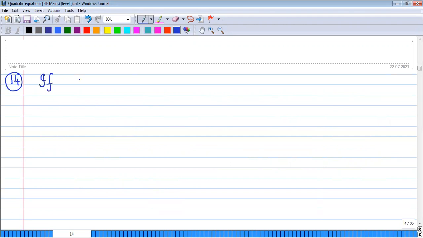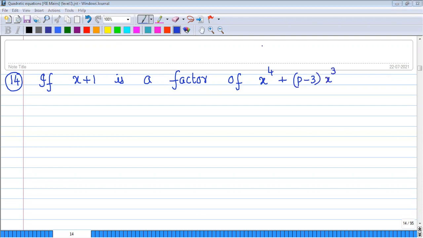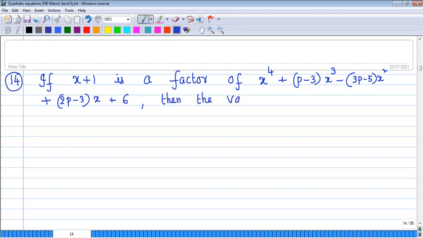If x plus 1 is a factor of x to the power of 4 plus p minus 3 times x cube minus 3p minus 5 times x square plus 2p minus 3 times x plus constant 6, then the value of p.